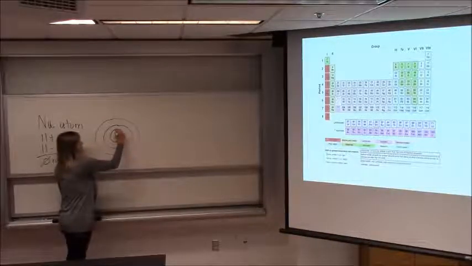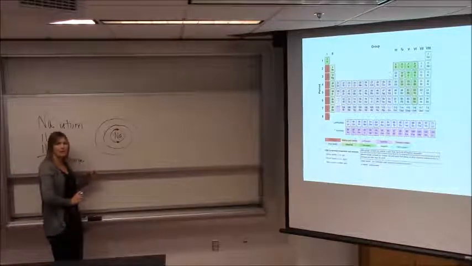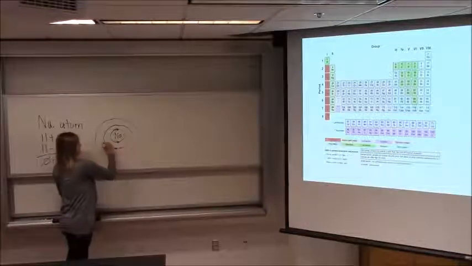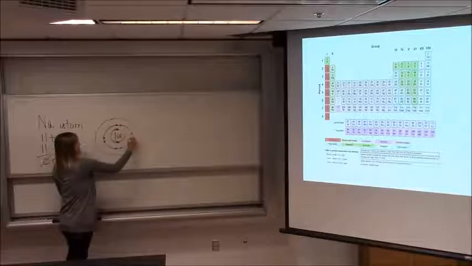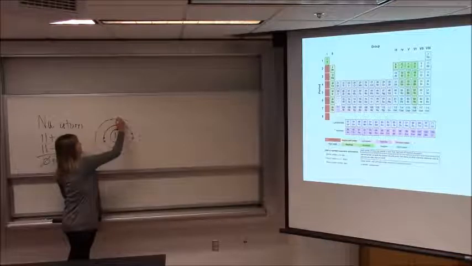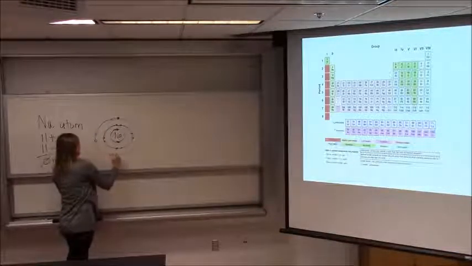So 1, 2. Second shell holds a maximum of 8. So now we're at 10. That means in the outer shell, sodium has 1 electron. And it has 7 spaces available.